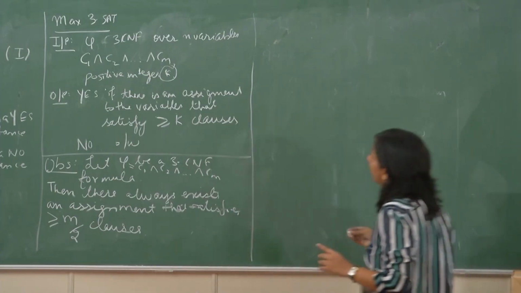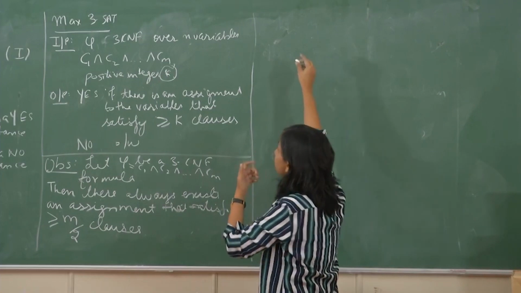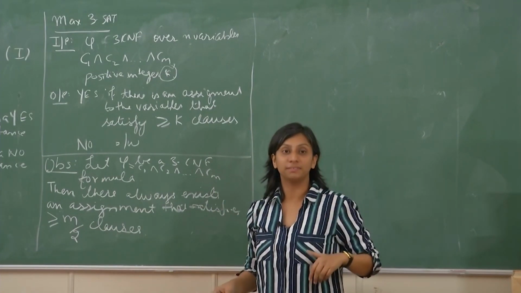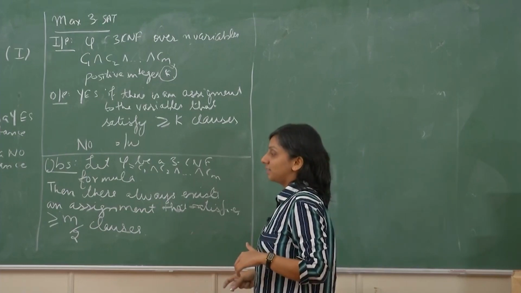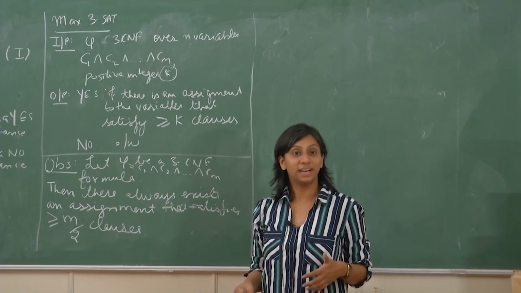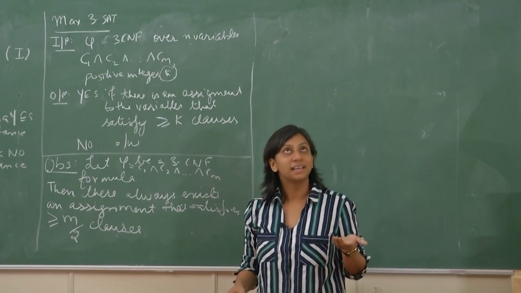So let's try to solve the independent set problem, but not on general graphs, on planar graphs. And there's a reason that I'm not doing it for general graphs. It's not that the proof is very hard.